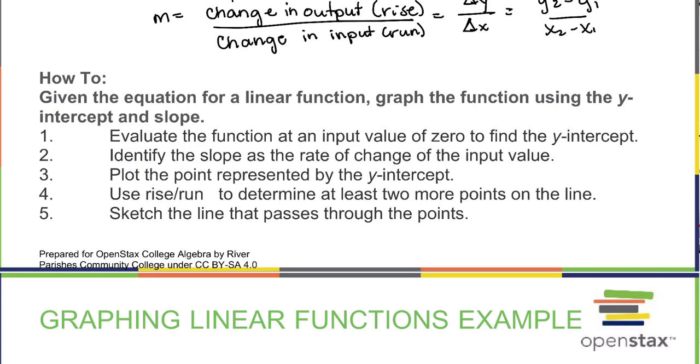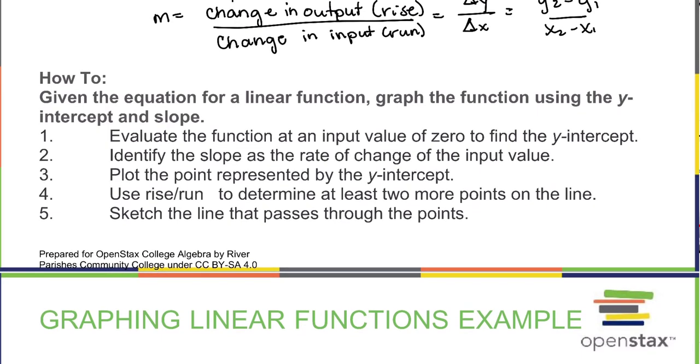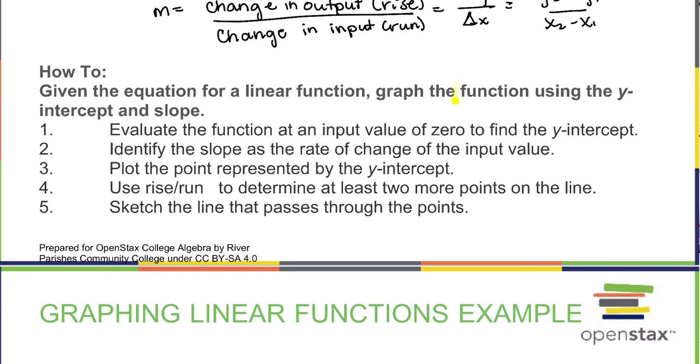So what you can do is figure out the m and the b. I always begin with b. These steps tell us to evaluate the function at an input value of 0 to find the y-intercept. But honestly, if you recognize y equals mx plus b, you can just pick that out without plugging in 0. And then identify the slope, and then plot the point that's represented by the y-intercept.